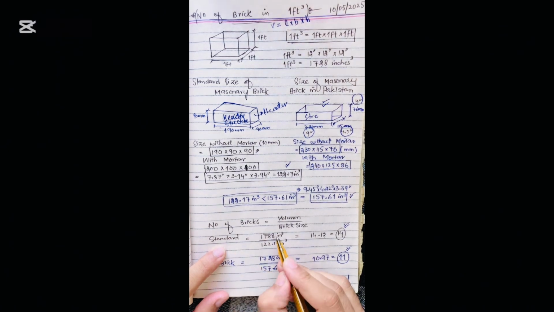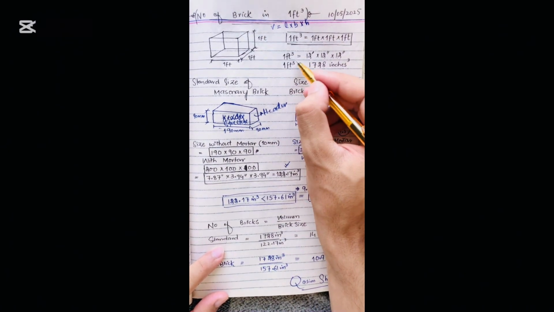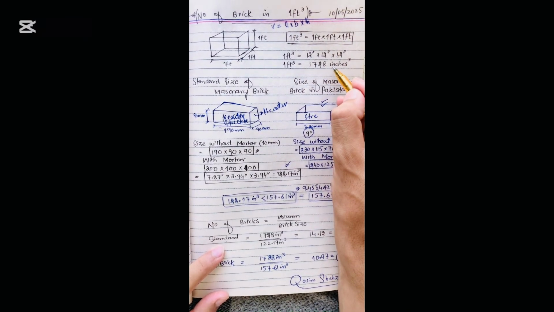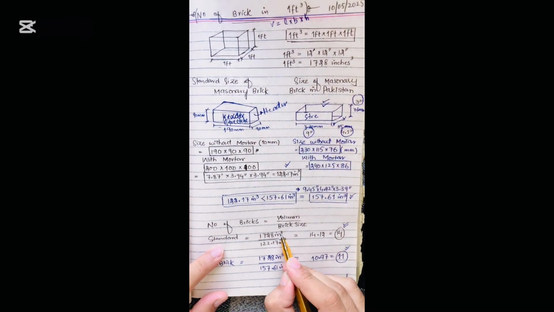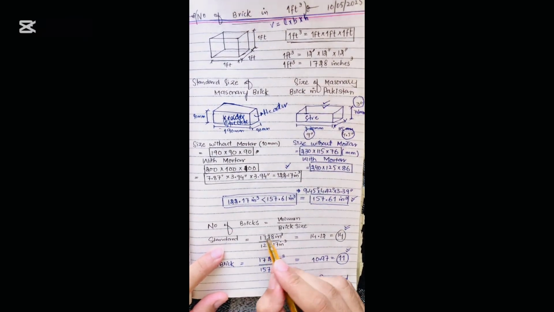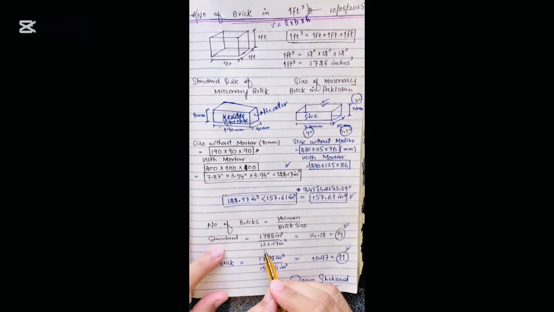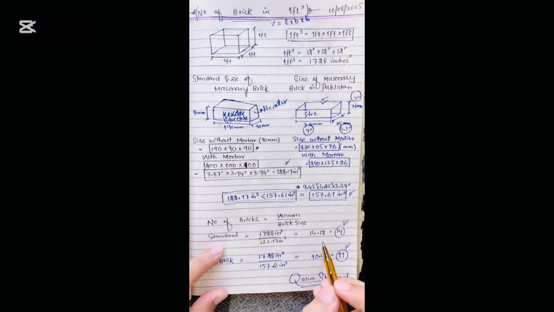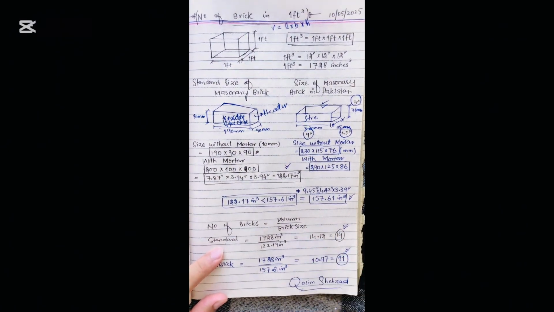For the standard size, we divide 1728 inch cube by the single brick volume of 122.17 inch cube. So 14 bricks of standard size masonry bricks cover 1 foot cube of volume.